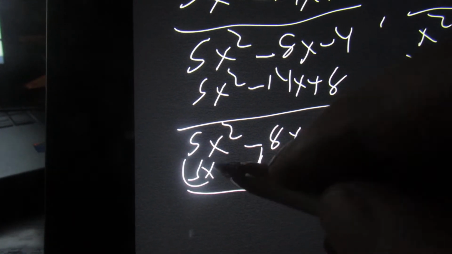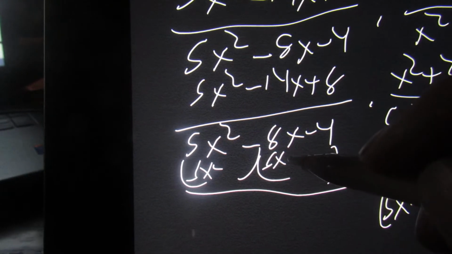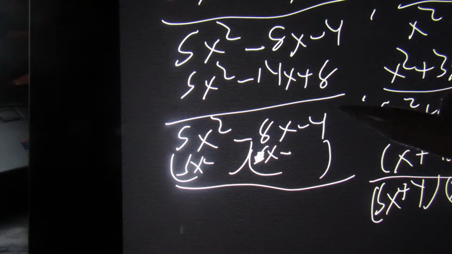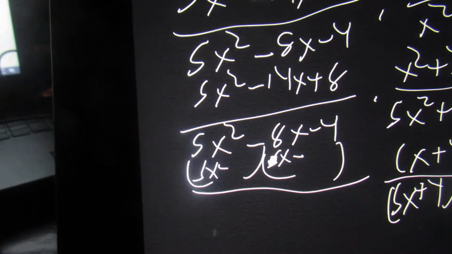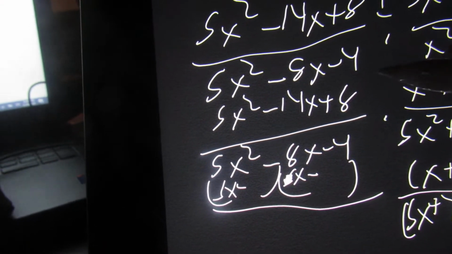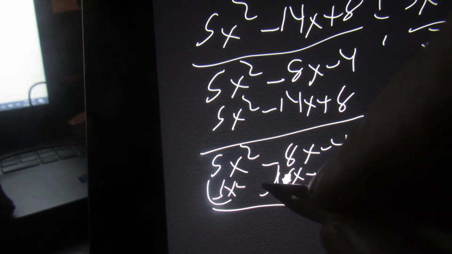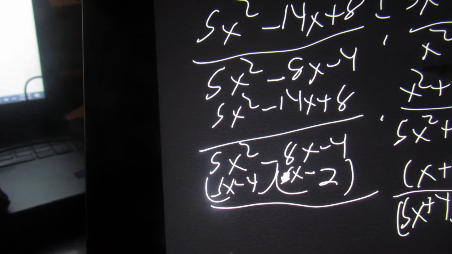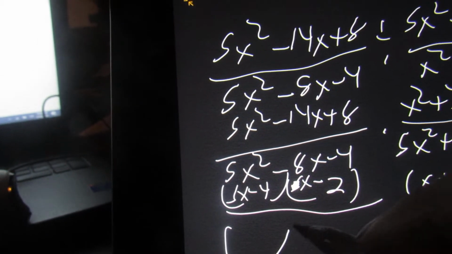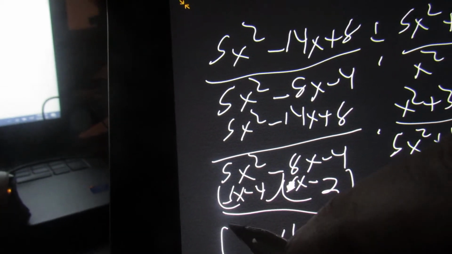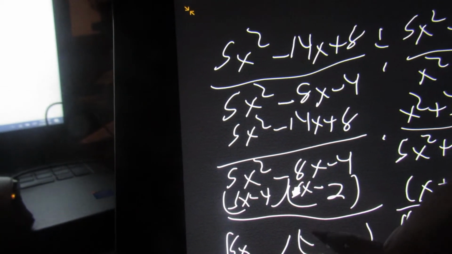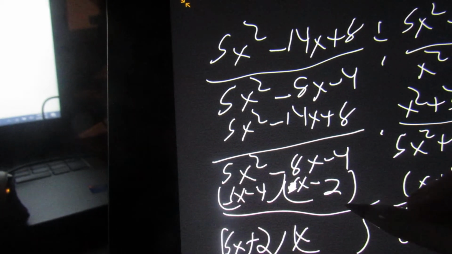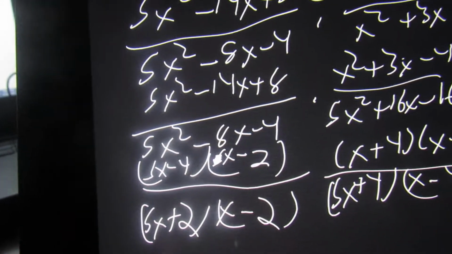I'm going to have a 5x minus, or no, x minus, and it's going to be 4 and 2. On the bottom, I'm going to have a 5x and an x, and it's going to be plus 2, minus 2.